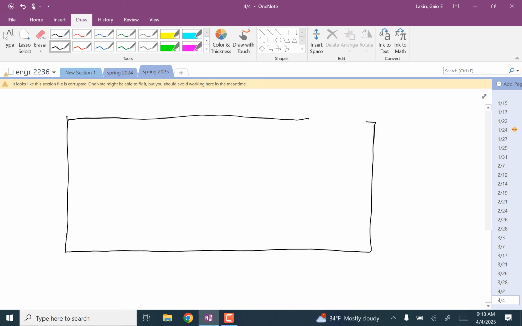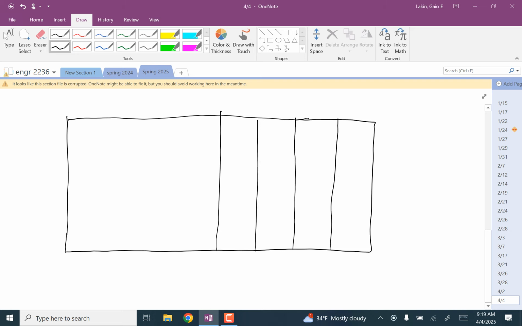So we need a matrix that has 7 rows and 8 columns.